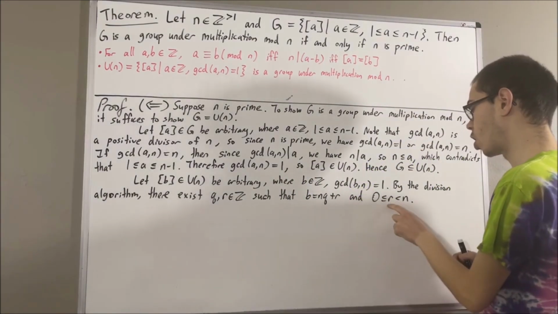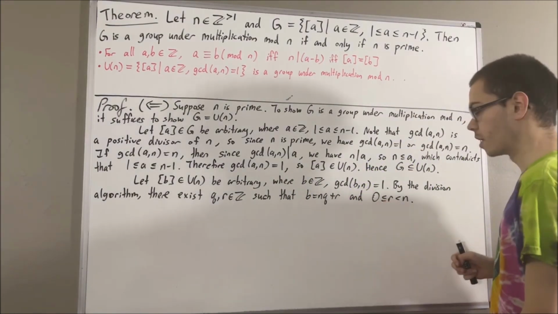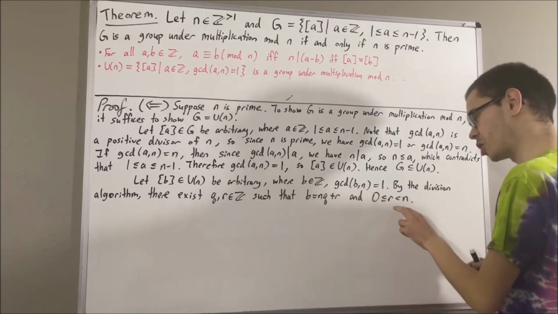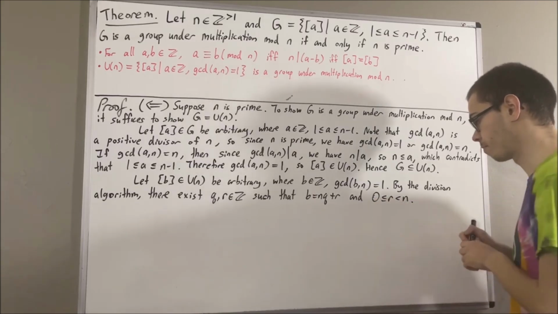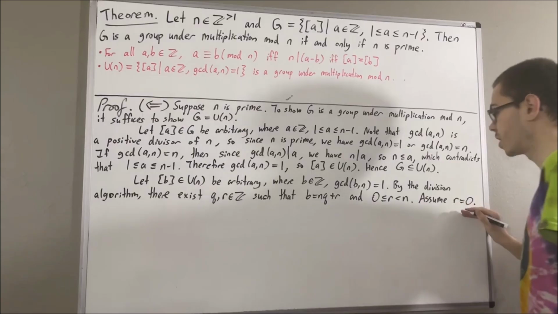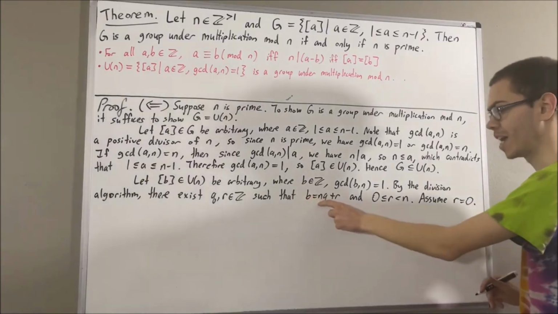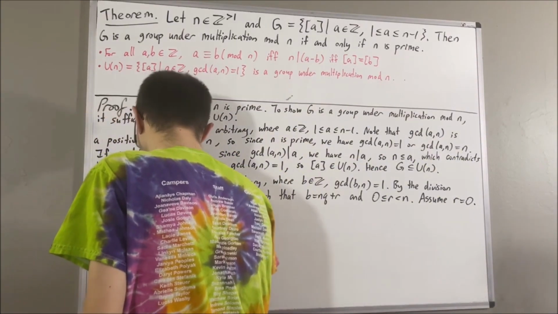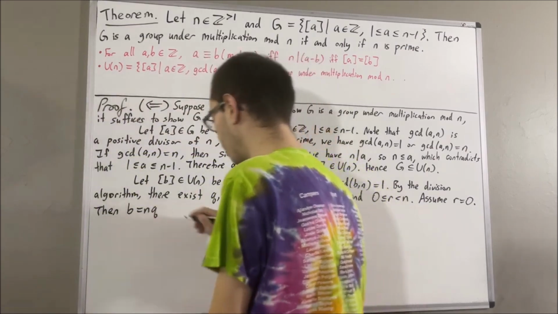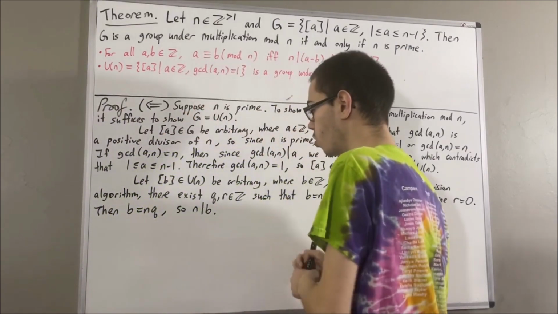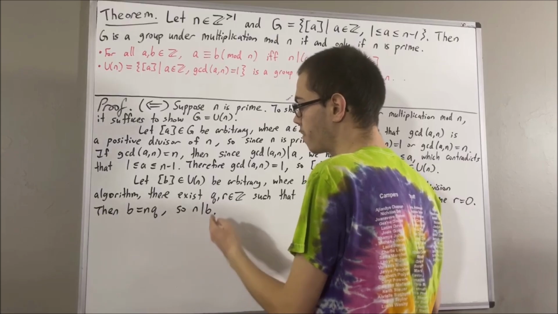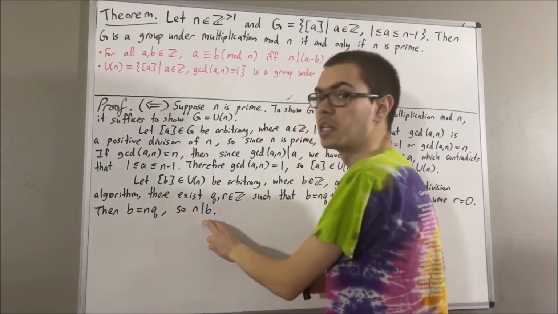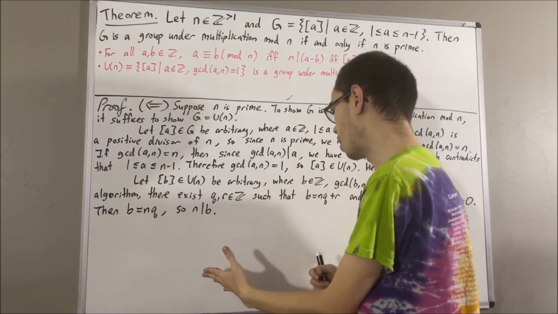Now the claim is that r is strictly greater than 0. To see how this happens, we'll assume for a contradiction that we instead have r is equal to 0. Well, if r is equal to 0, then b is equal to nq. And this tells us n divides b, and we know that n divides n, so n is a common divisor of b and n.